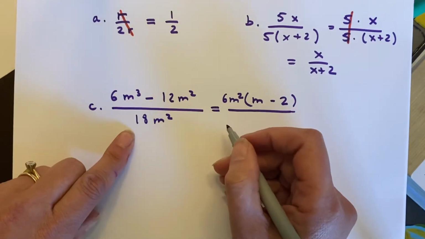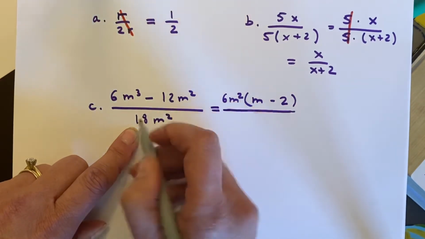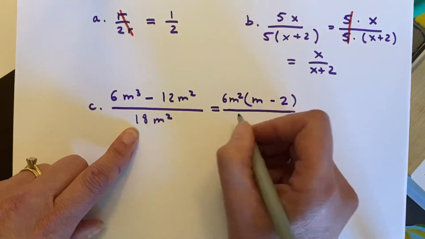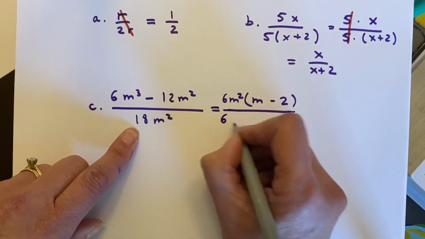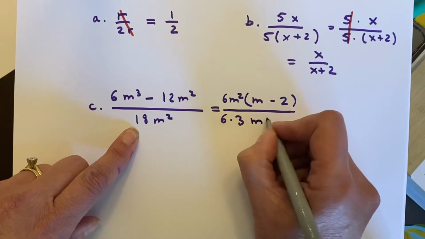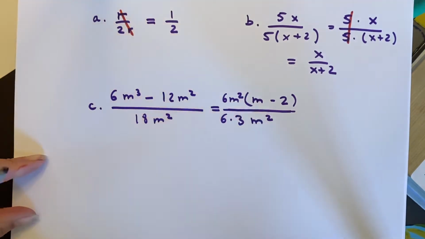In the denominator, I know that 18 is 6 times 3. I could see when I first looked at it that there's going to be something divisible by 6, so I'm going to factor out my 6. I'm left with a 3, and then I also have my m squared. And now I look at what I have in the numerator and denominator that can cancel, as long as everything is multiplied by each other.